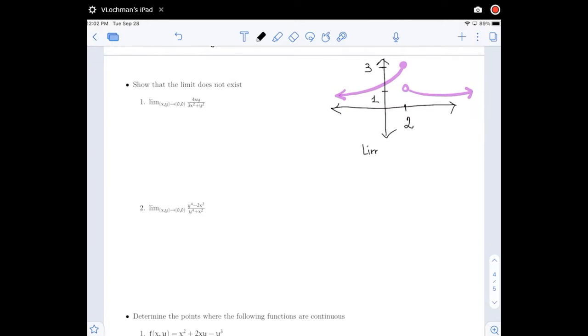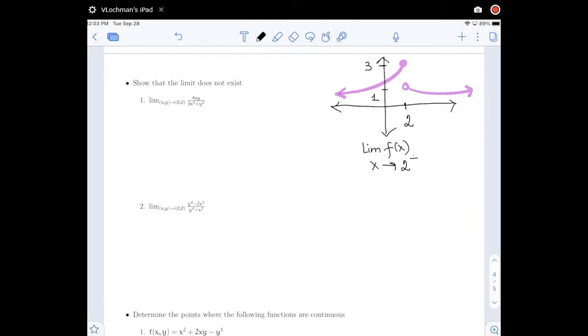What is the limit of my function as x approaches 2 from the right? See if somebody can answer that. What is the limit of this function as we're approaching 2 from the right? 1.